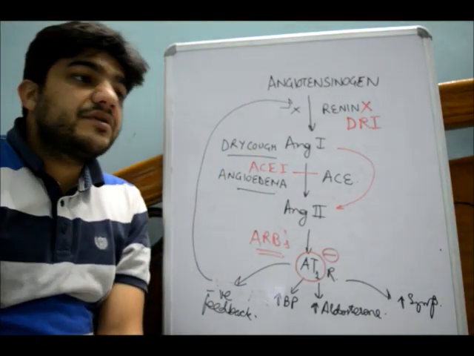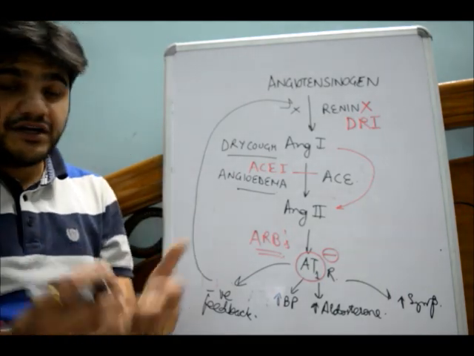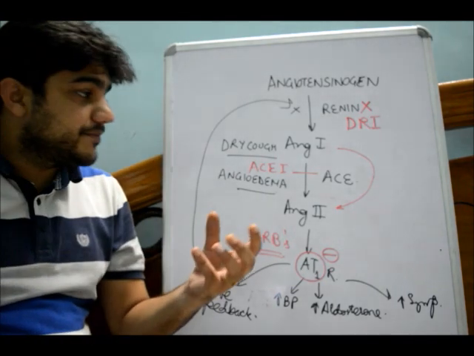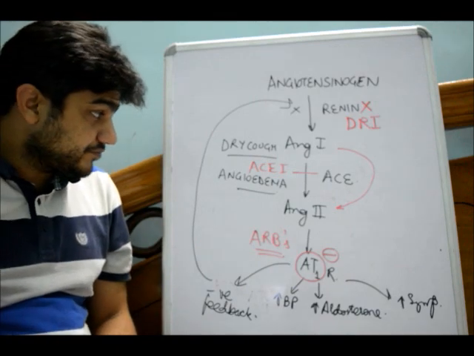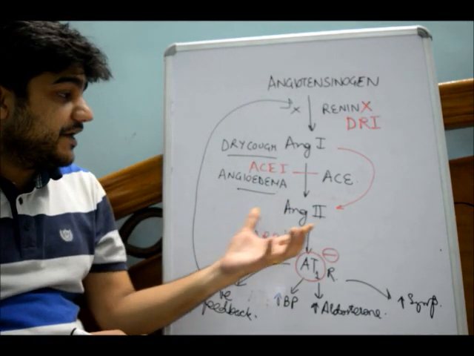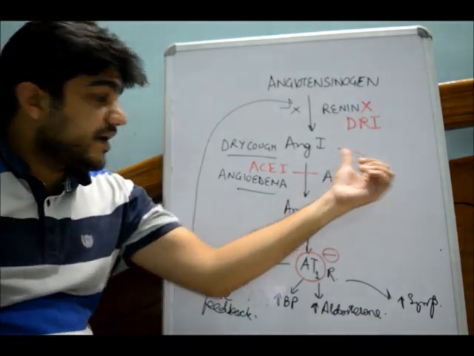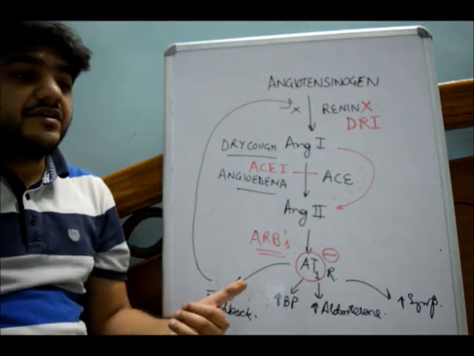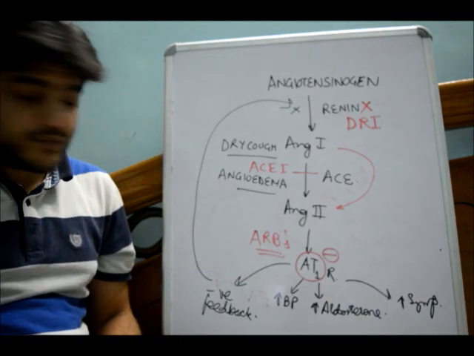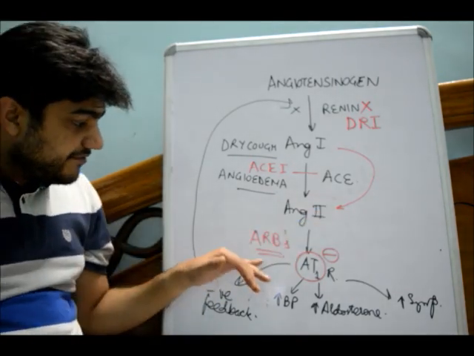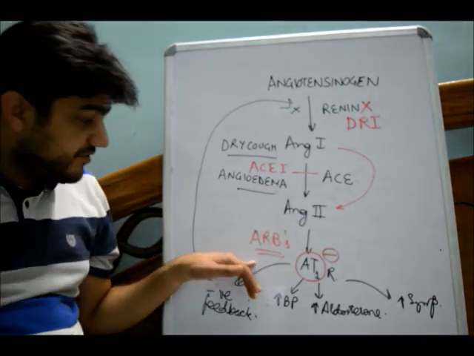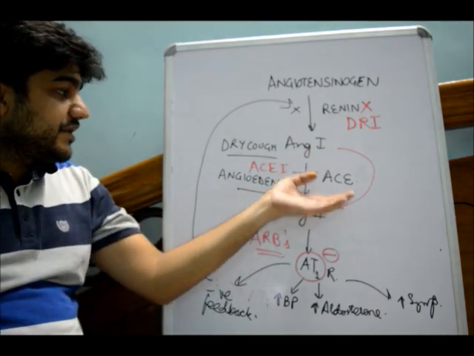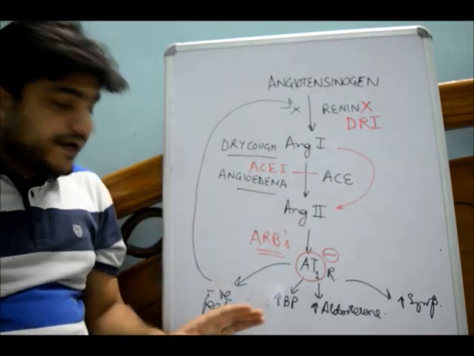But there is also one beneficial effect: bradykinin by itself has a vasodilatory action. Owing to that vasodilatory action, the antihypertensive effect of these ACE inhibitors is potentiated. Now that benefit is not provided by the ARBs because they do not interfere with the breakdown of bradykinin.